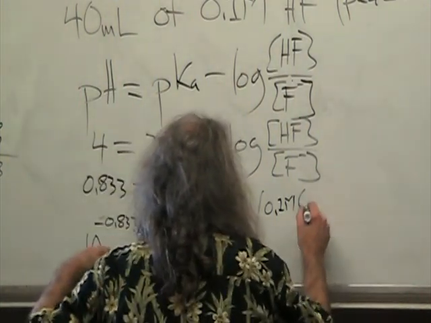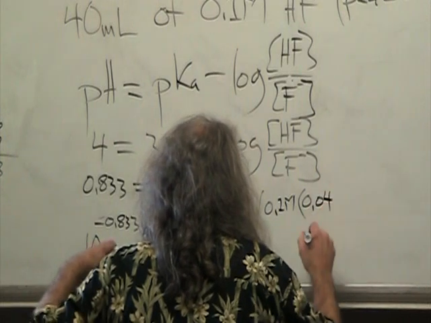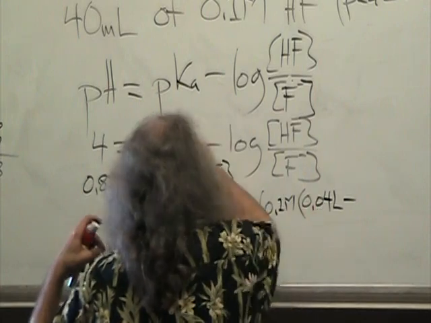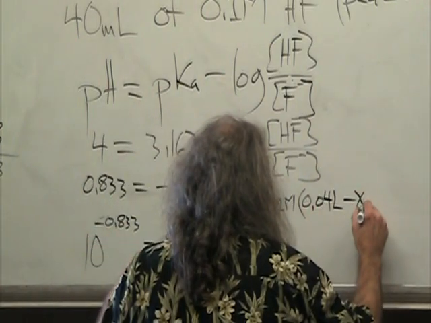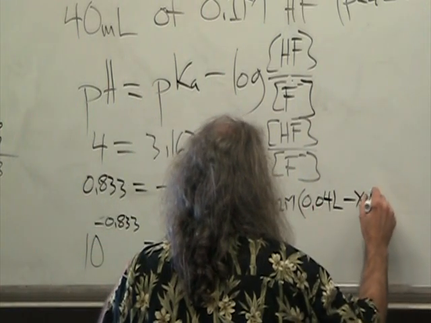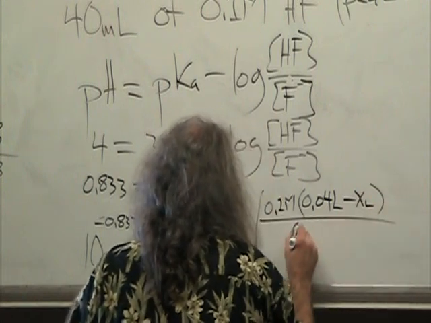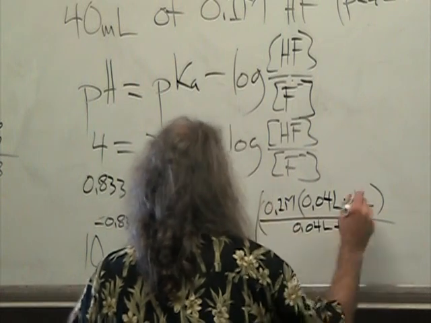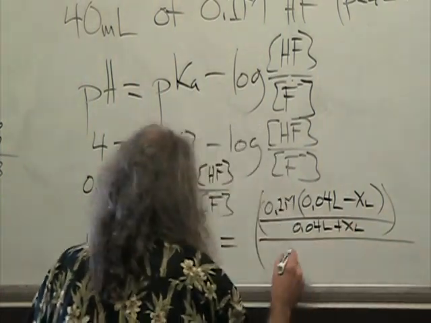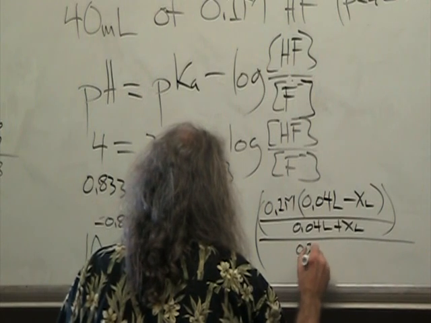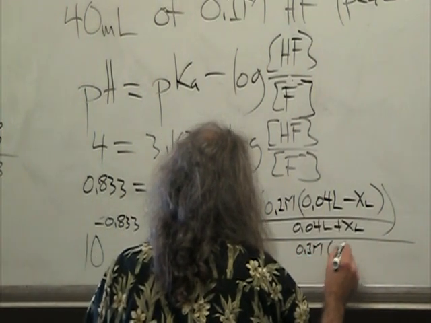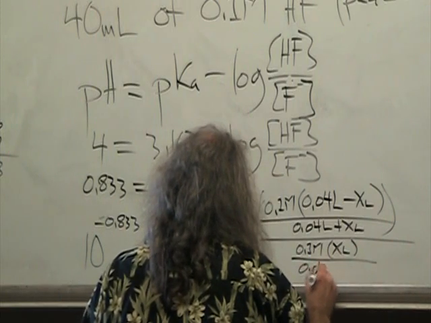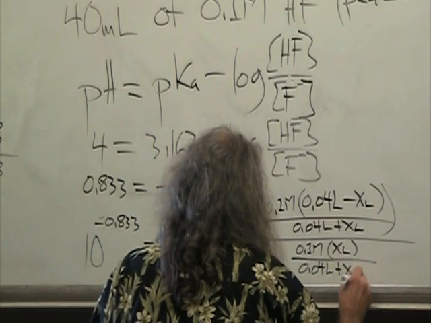So I have 0.04 liters minus X liters, where X is the base I've added, over 0.04 liters plus X liters. That's the top half, and the bottom half is 0.1 molar times X liters over 0.04 liters plus X liters.